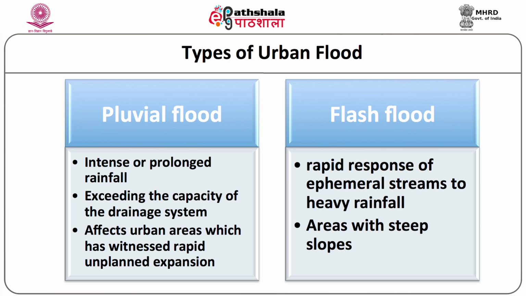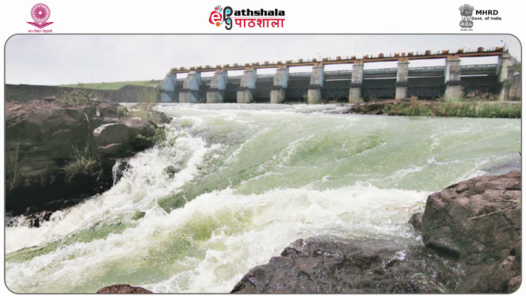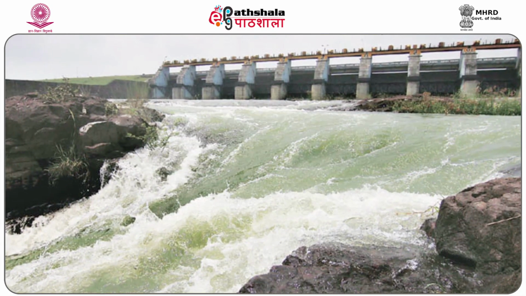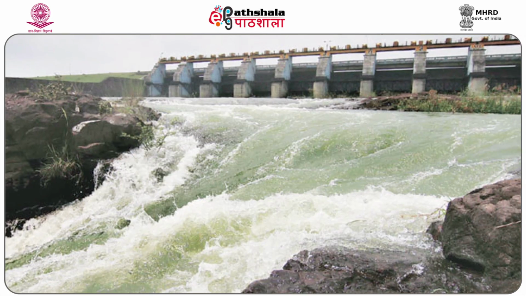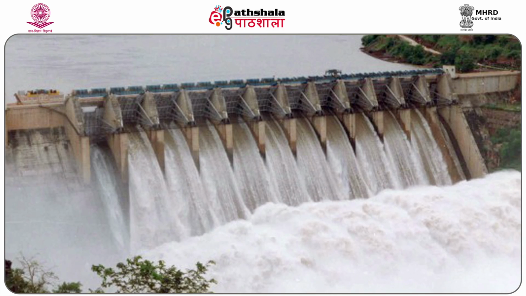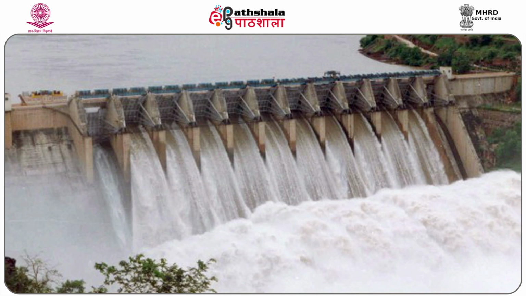Another type is flash flooding, which is caused by rapid response of ephemeral streams to heavy rainfall. Other causes like structural failures of dams, sudden release of water from dams, increased snow melts, etc. also play an important role in urban flooding in the low-lying areas.